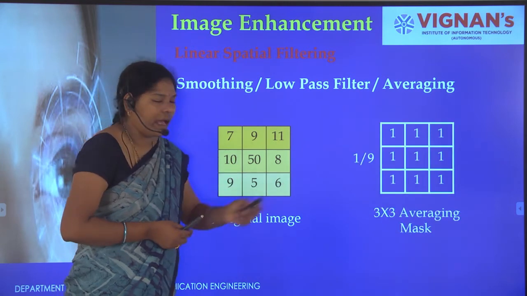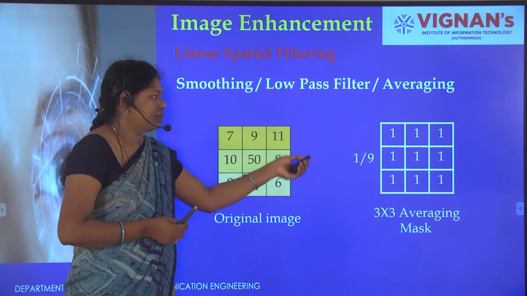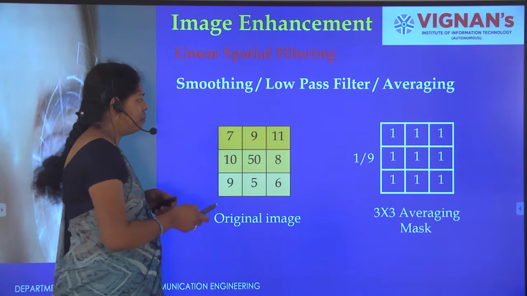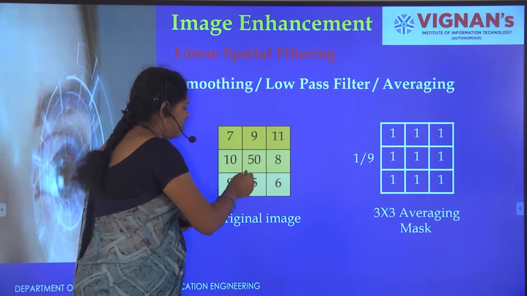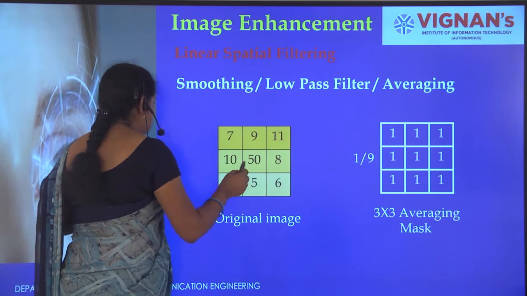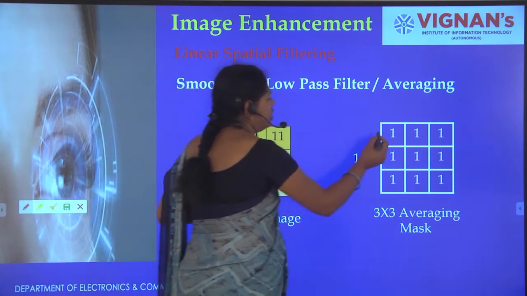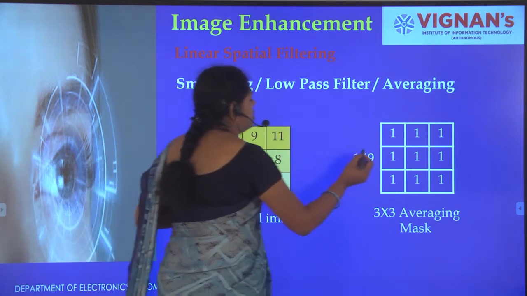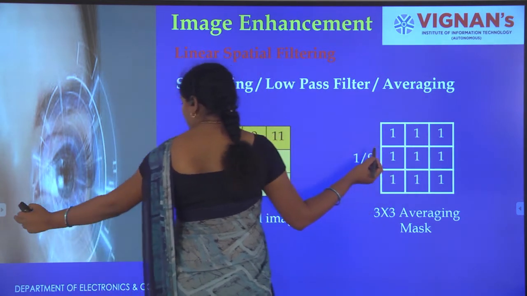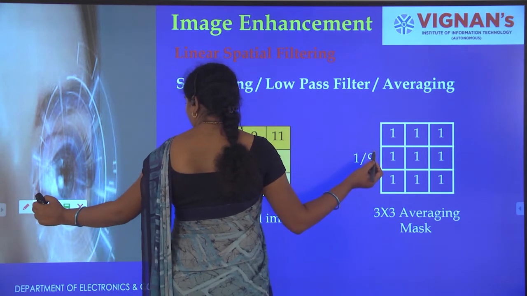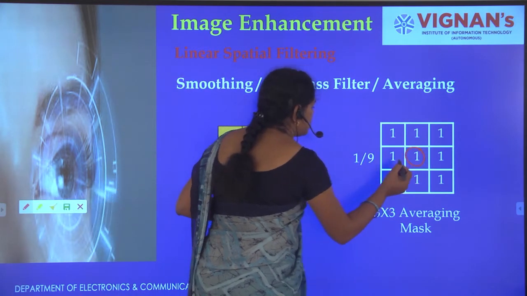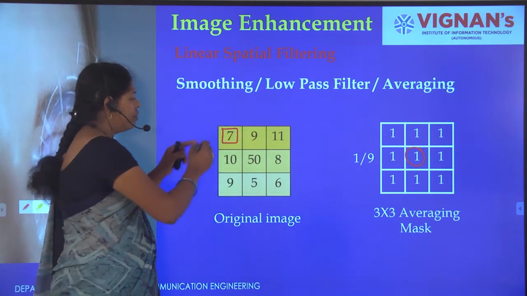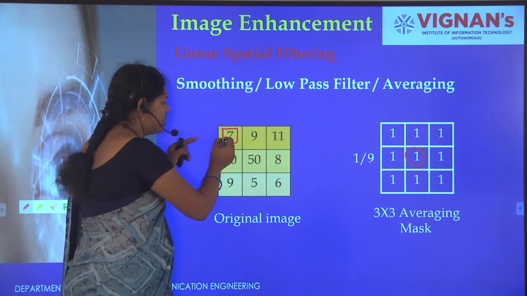Here we are considering an averaging mask, 1 by 9, where each value is 1. Now see, we have to multiply with the center element. The center element has to be positioned at the first pixel, and we modify this pixel value.